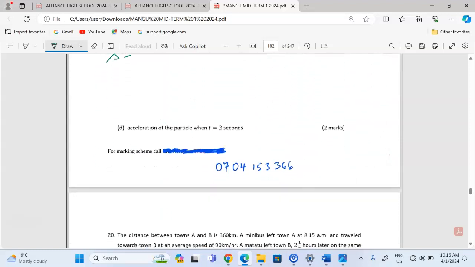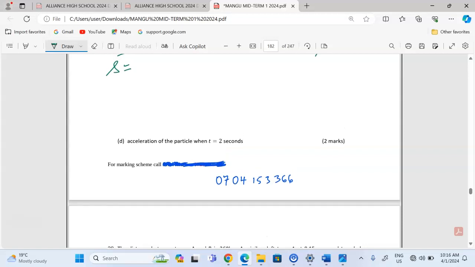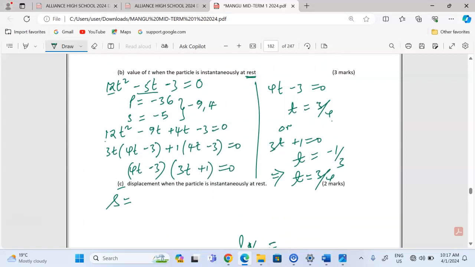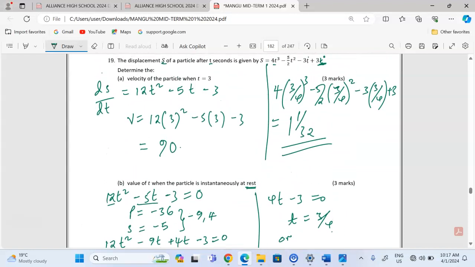Finally, we are talking of the acceleration of the particle when t equals 2 seconds. For us to get acceleration, we need the gradient function of the velocity function with respect to time. Because we have the velocity function here, we differentiate it.